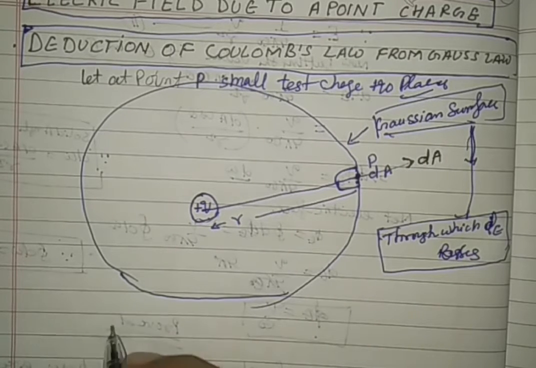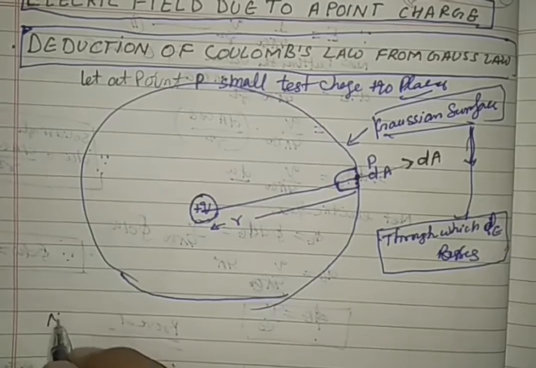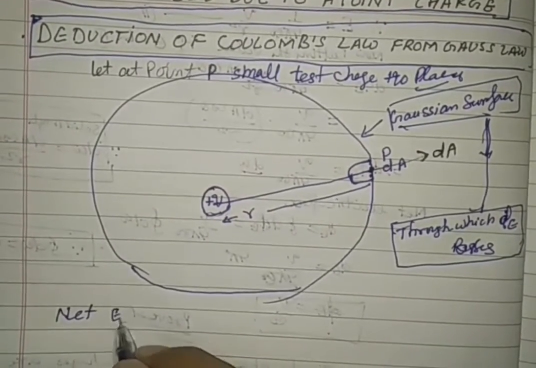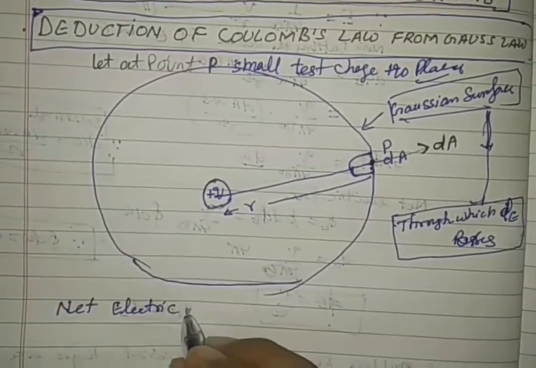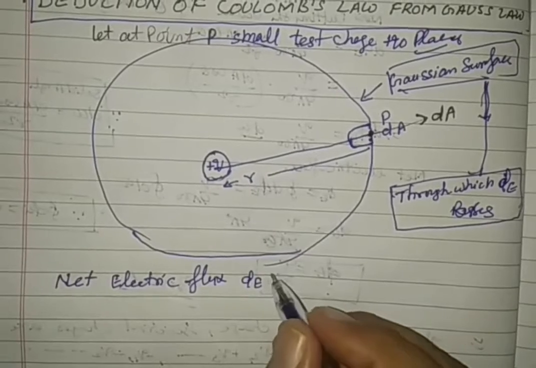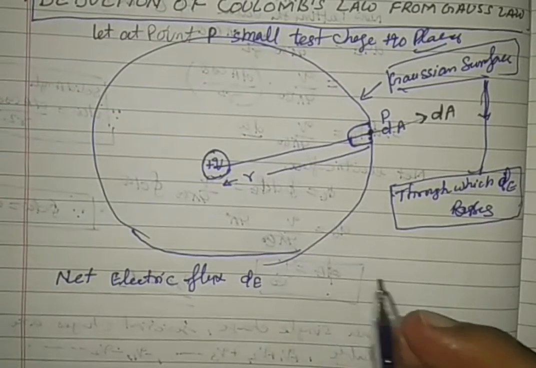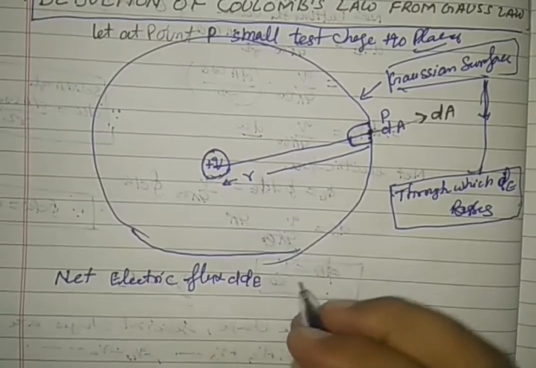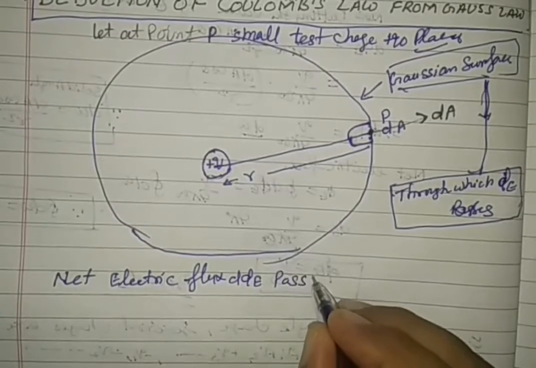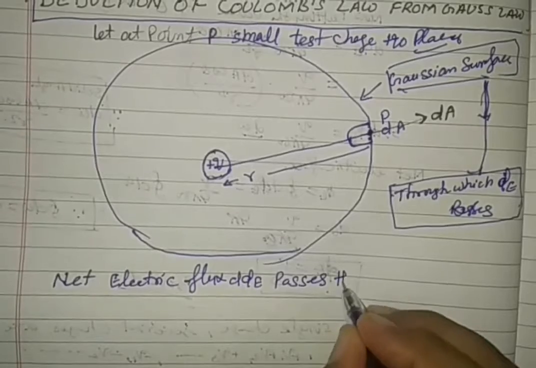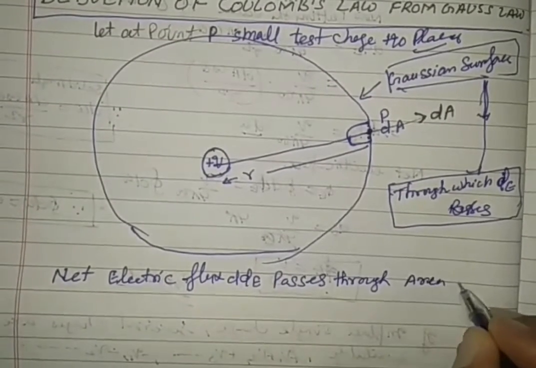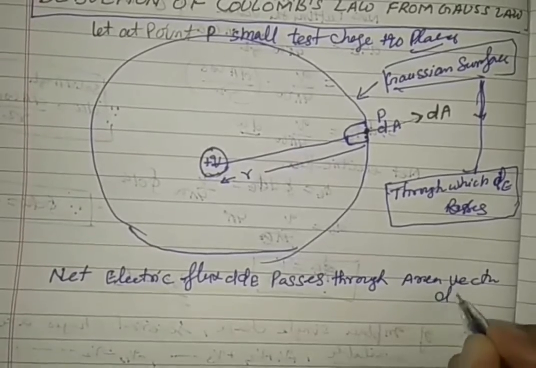Now we are going to see the net electric flux, not phi E, d phi E, that passes through the area vector dA.